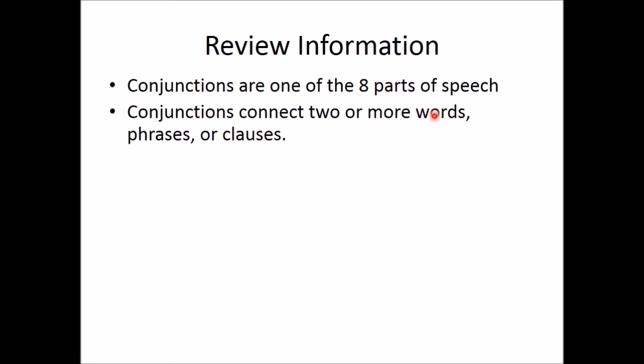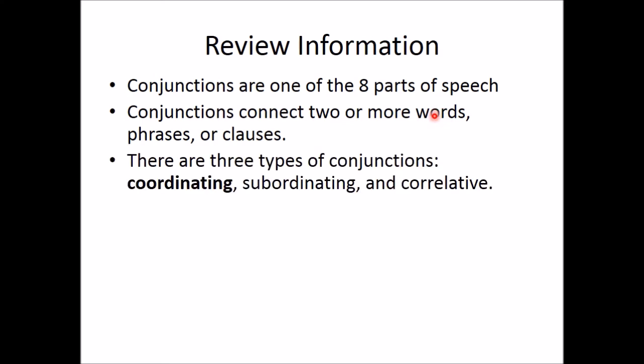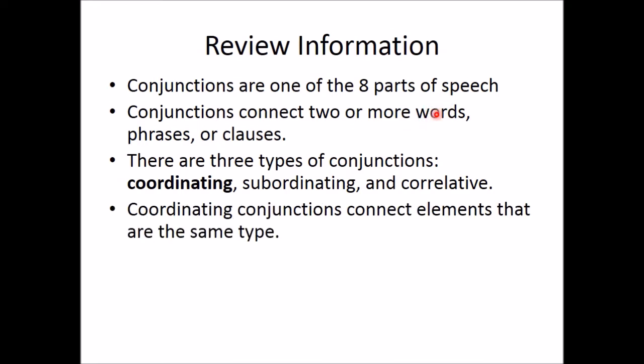connecting adjectives and adverbs. There are 3 types of conjunctions. There are coordinating conjunctions, subordinating conjunctions, and correlative conjunctions. So far, we are sticking with only coordinating conjunctions, and so far we've only learned to connect words.